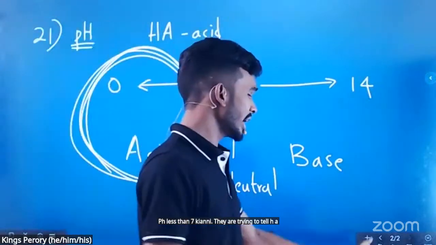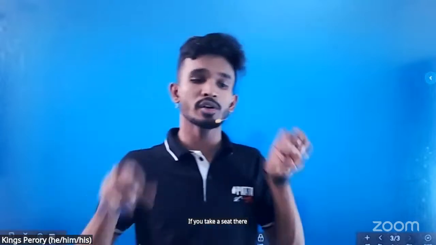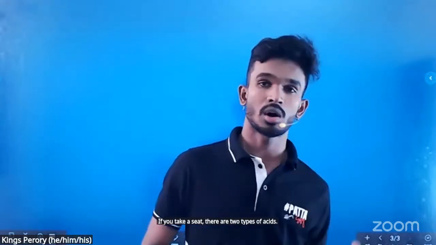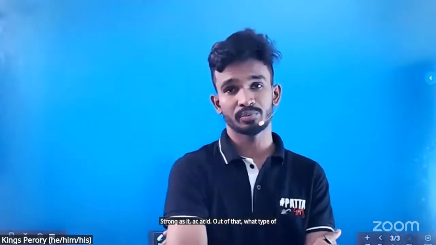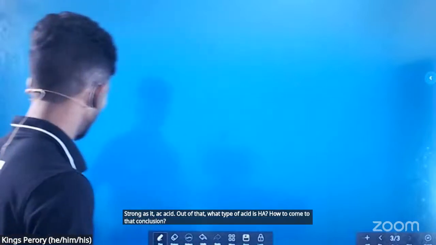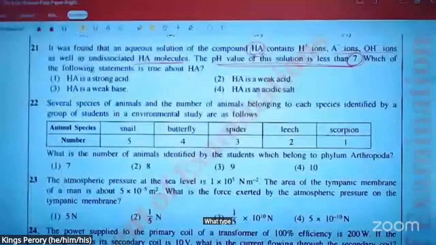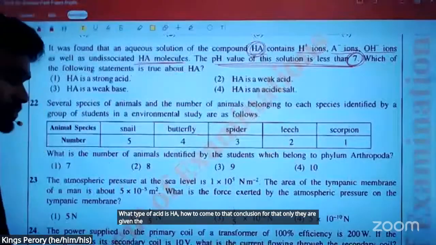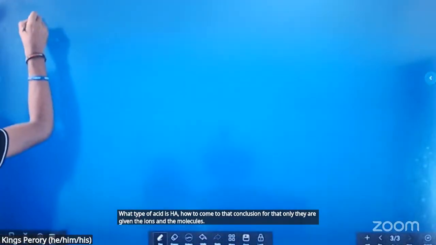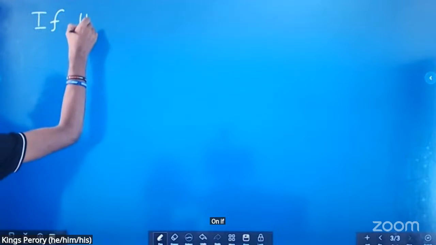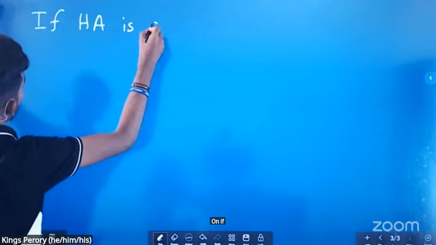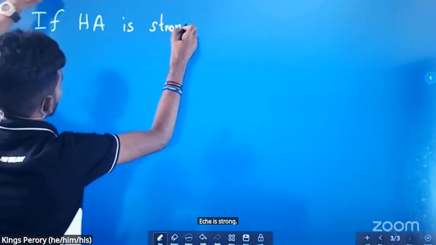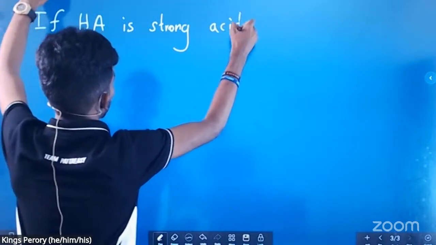If you take acids, there are two types: strong acid and weak acid. Out of that, what type of acid is HA? How do we come to that conclusion? For that only they have given the ions and the molecules. If HA is a strong acid, what will happen?